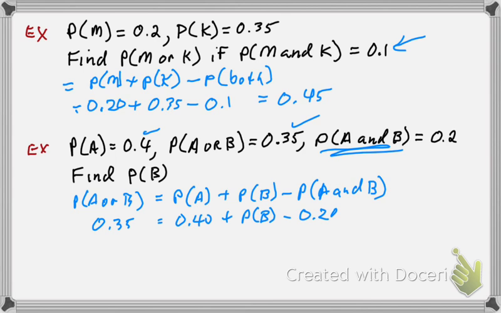Now what? Back to algebra. So I got 0.4 minus 0.2. And so probability of B is going to be what? 0.15.